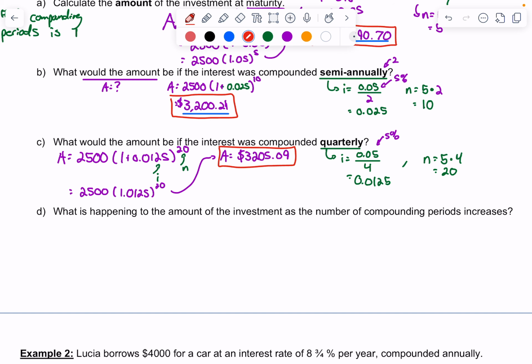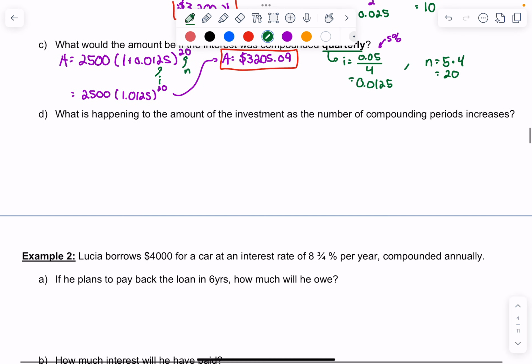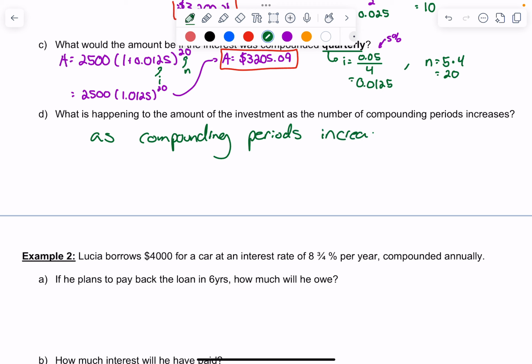So generally speaking, most basic, as compounding periods increase, well, final amount increases.